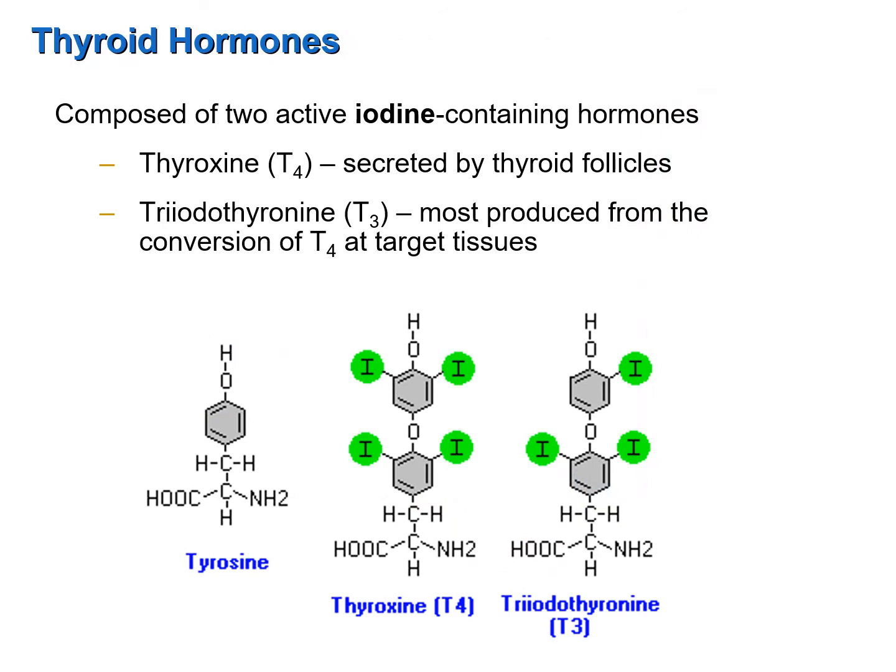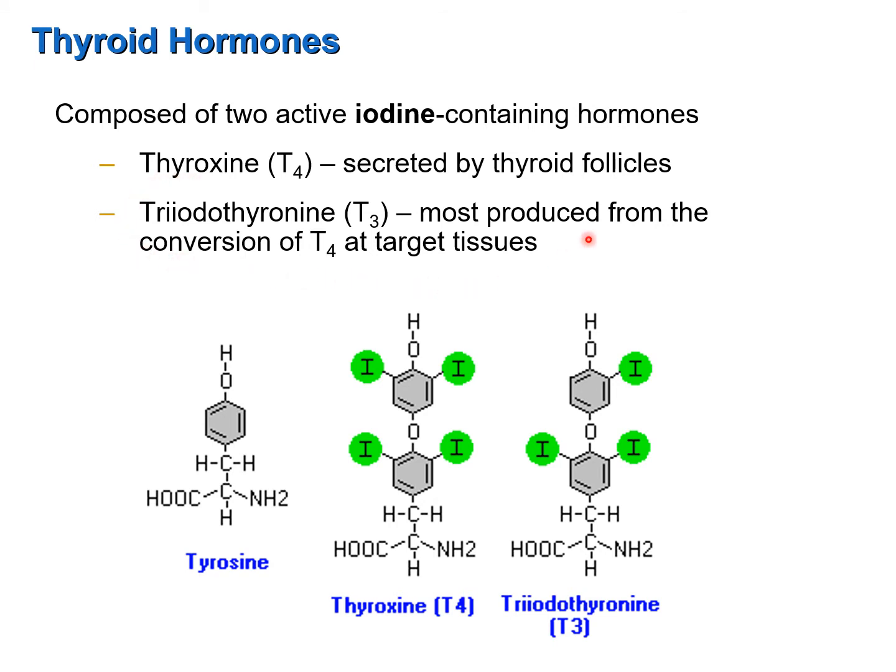I thought I'd take a moment to share with you the chemistry of the thyroid hormones. You have thyroxine, also known as T4, and most thyroid hormone actually is T4. That's actually what's produced by the thyroid gland. T4, when it interacts with its target cells, is actually converted to T3.